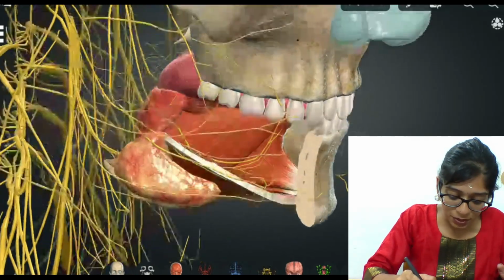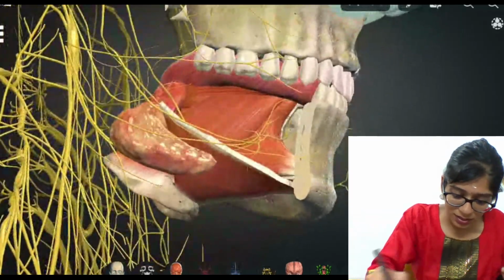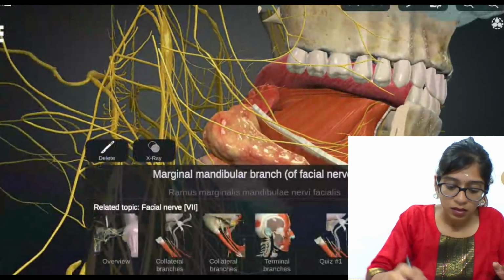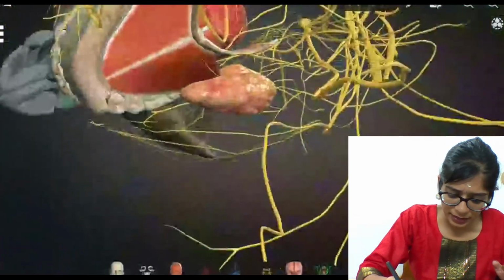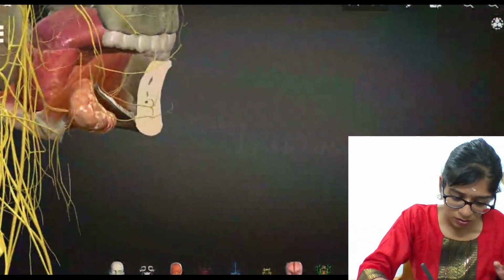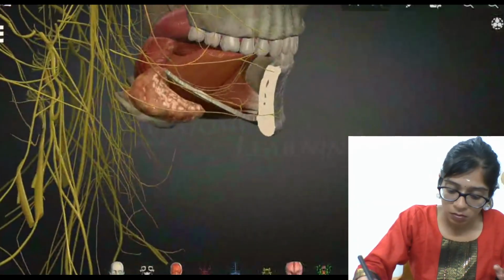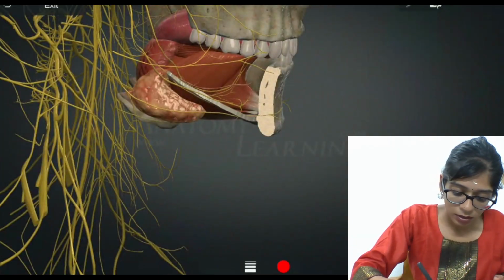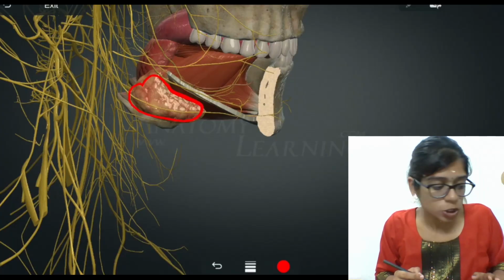All of you can appreciate where the submandibular gland is. This one that you see. Can you see this gland here? Highlight it. Okay, anyway, this is the submandibular gland.